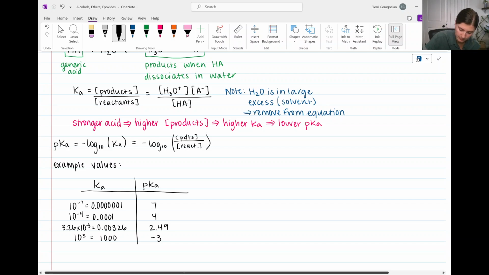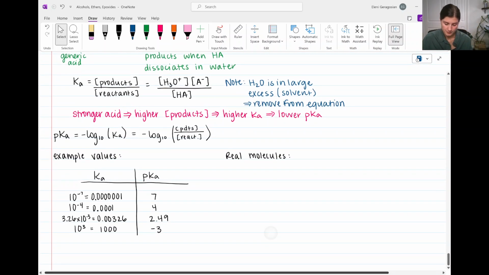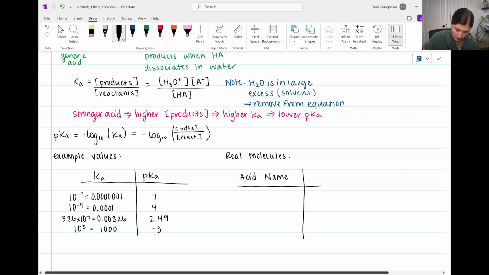Let's look at some real molecules. So we'll write the acid name, we'll draw the structure too. We'll write the Ka of that acid and the pKa.